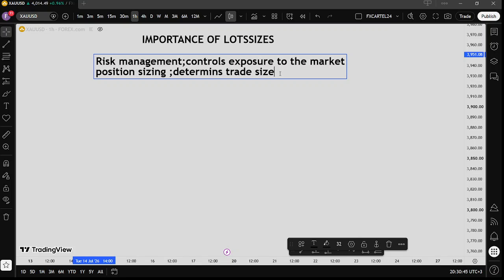It differs. So it determines trade size, the weight of the lot you have entered. Okay, you will understand it a little bit more later when you start inputting these things.